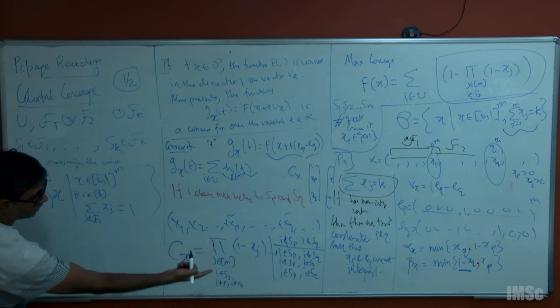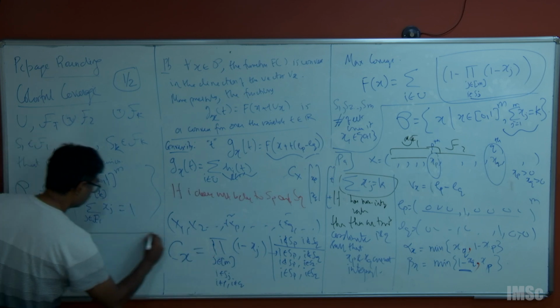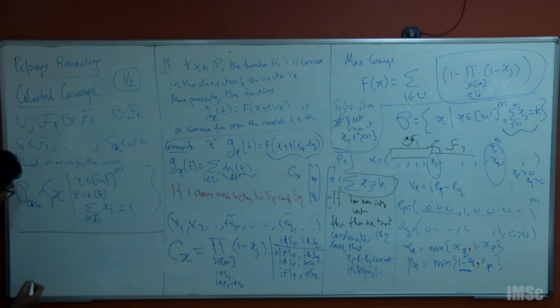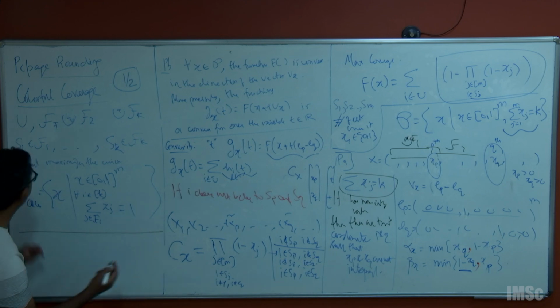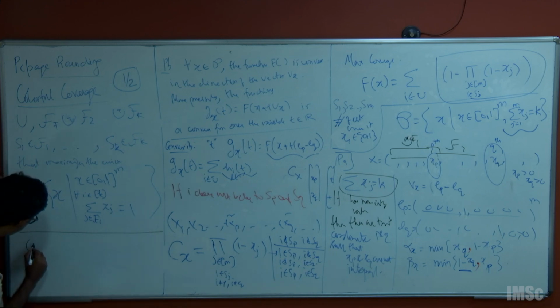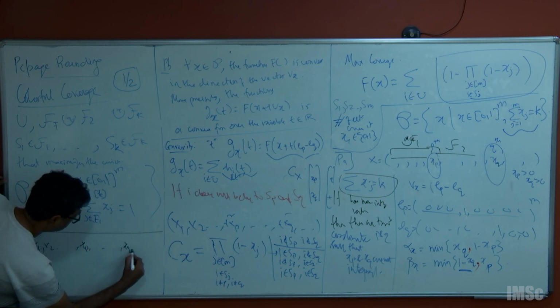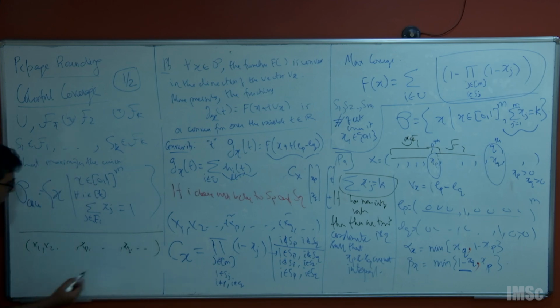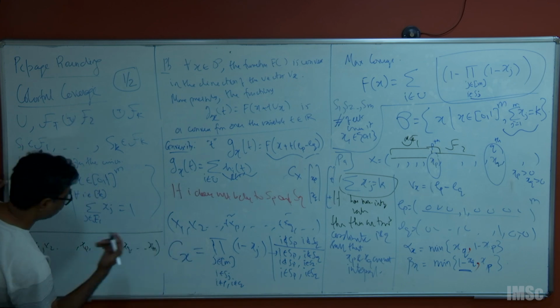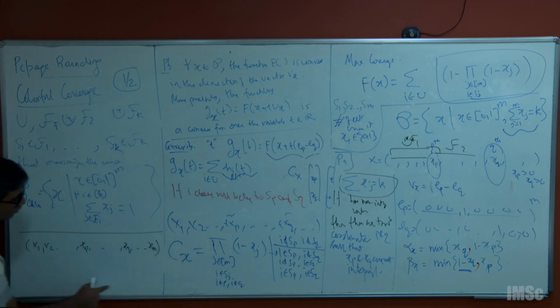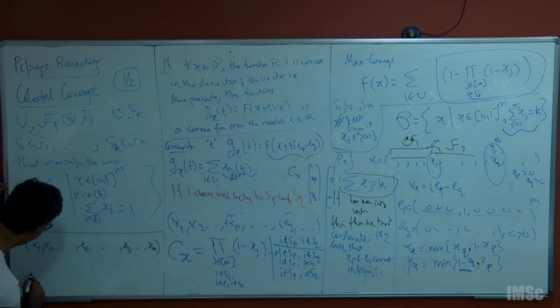Let's fix something. Suppose this is x1, x2, xp, xq, and this is xm. Now suppose my minimum was xq, and I was doing alpha x plus vx. Then what will I add?